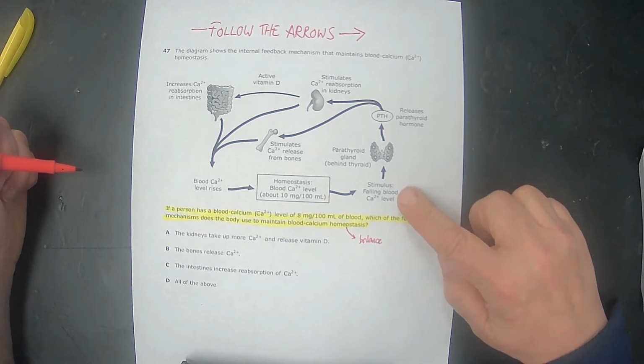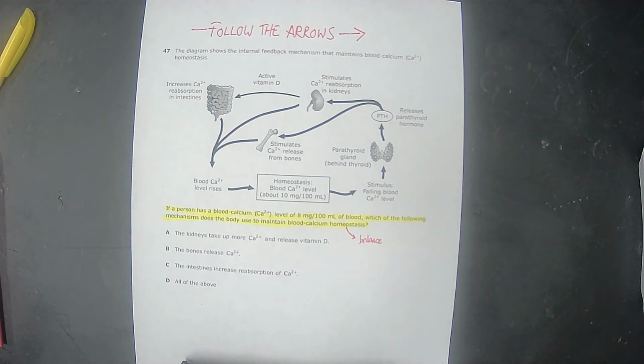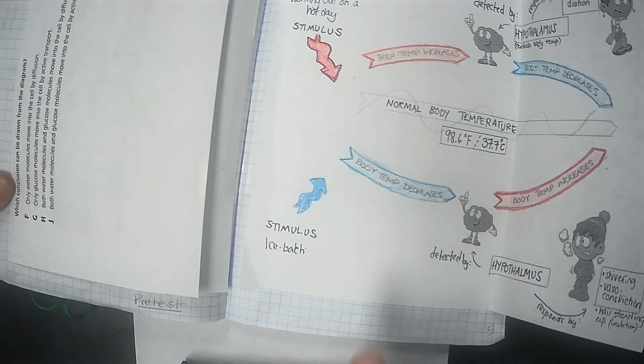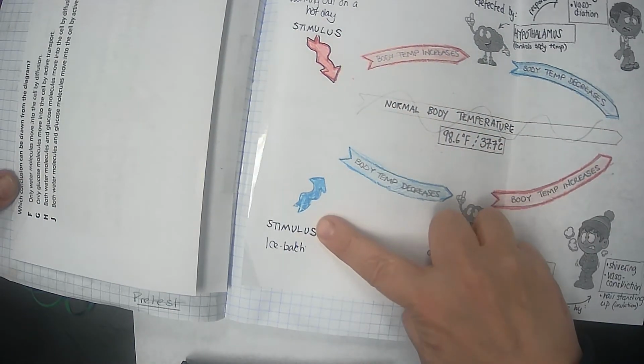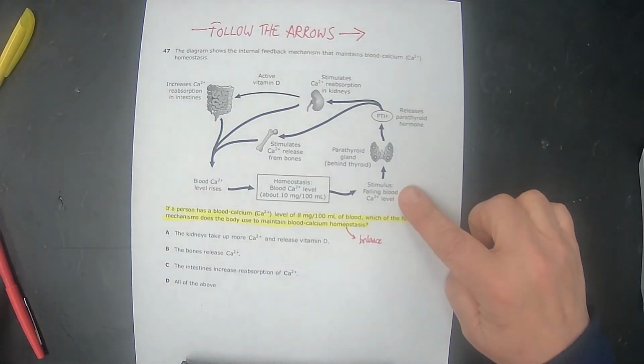Well, stimulus. When we were talking about the control of body temperature, if you remember with that diagram, we started with the stimulus. So I'm going to start with the stimulus. Here, stimulus, falling blood levels.